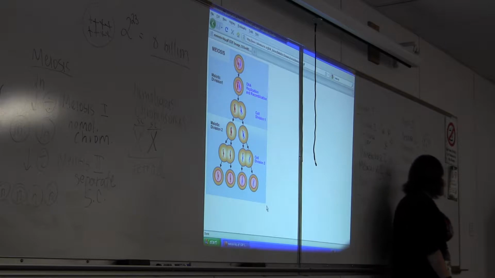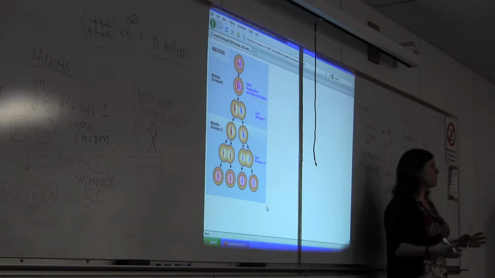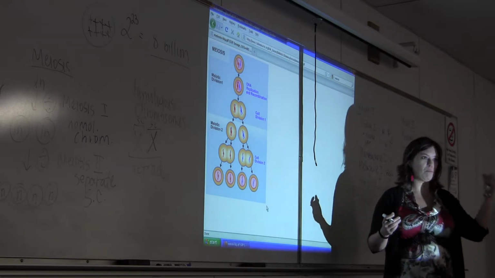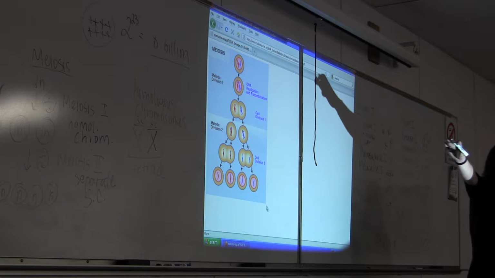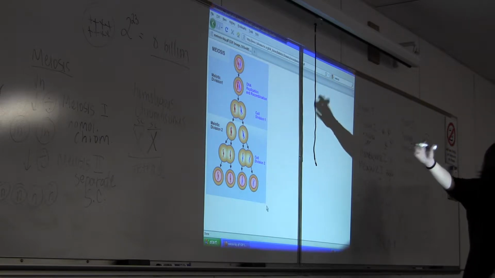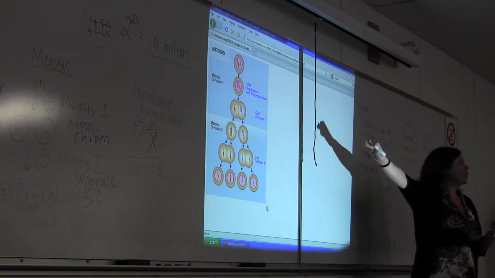Same thing if this was a guy, that could be sperm 1, sperm 2. And so each sperm is going to be genetically different. And so depending on which sperm fertilizes which egg, you're going to end up with 8 billion different possibilities of genetics, which is why all of us look so very different from one another. And so if you had 8 billion kids, they would all look different.